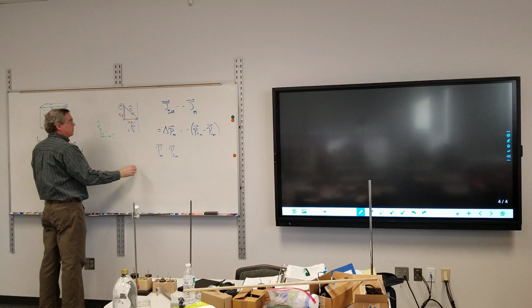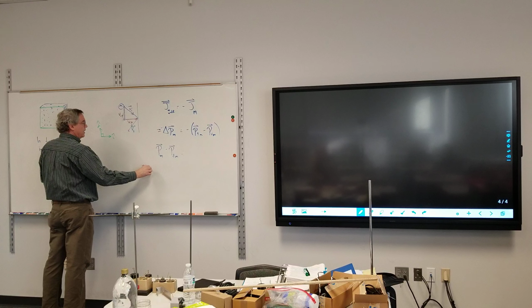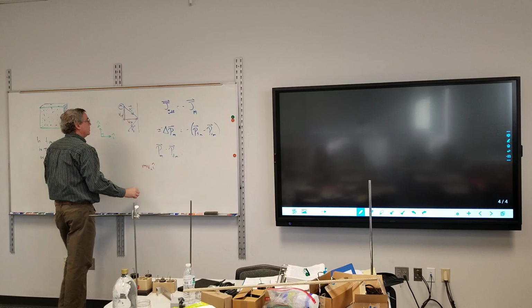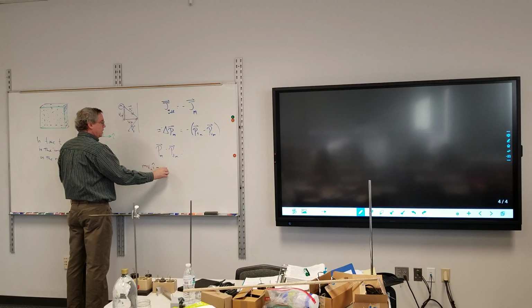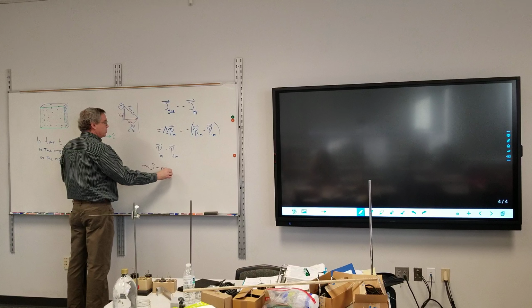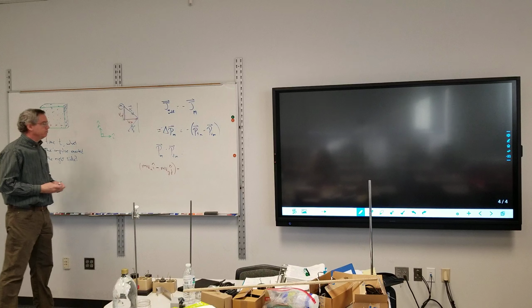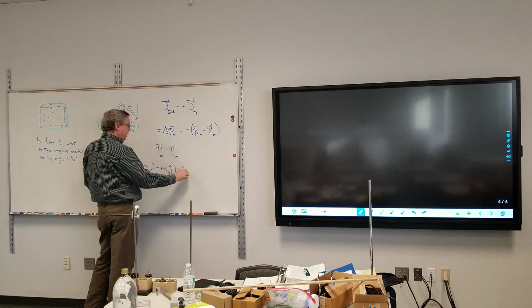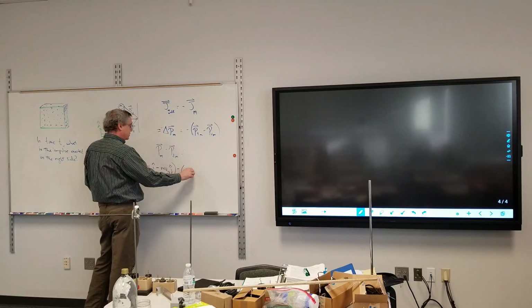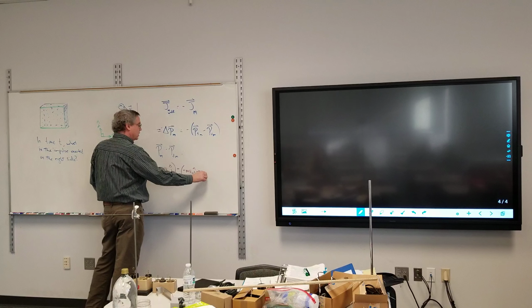So my initial momentum is m VIX i hat minus m VIY j hat, minus my final momentum, which will be negative m VIX i hat minus m VIY j hat.